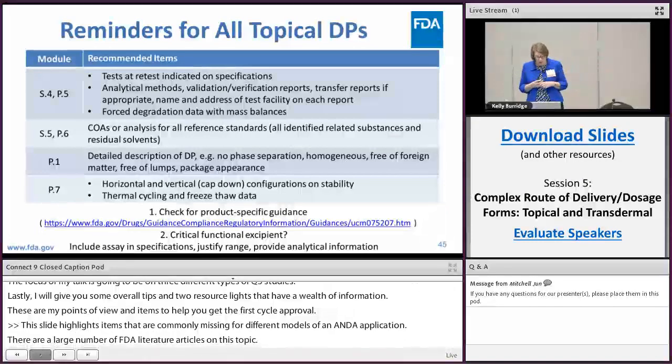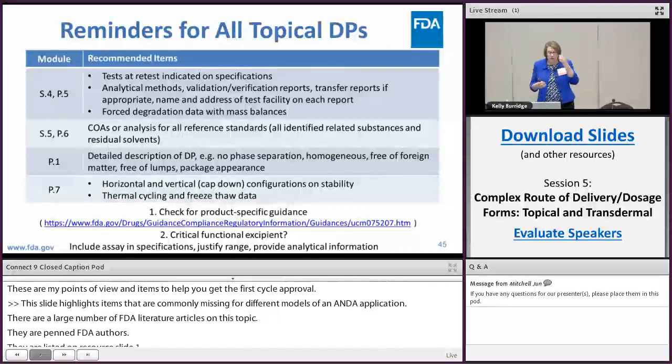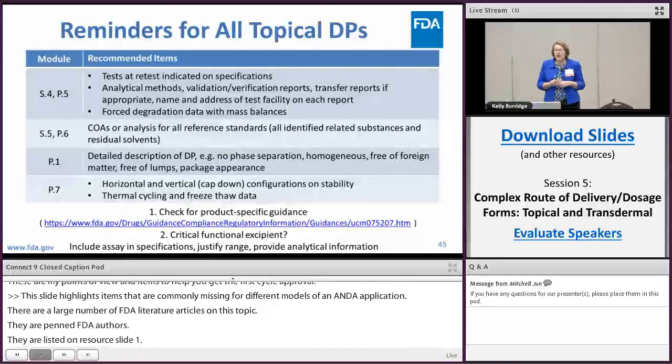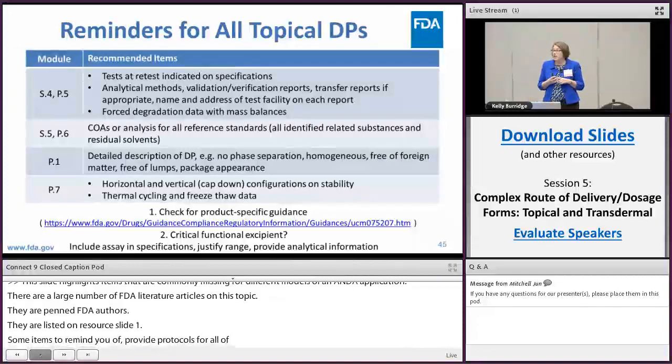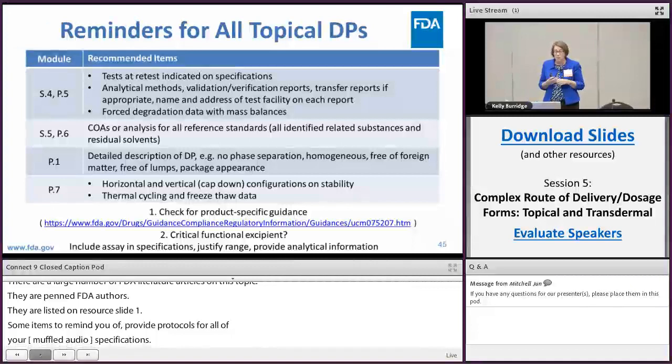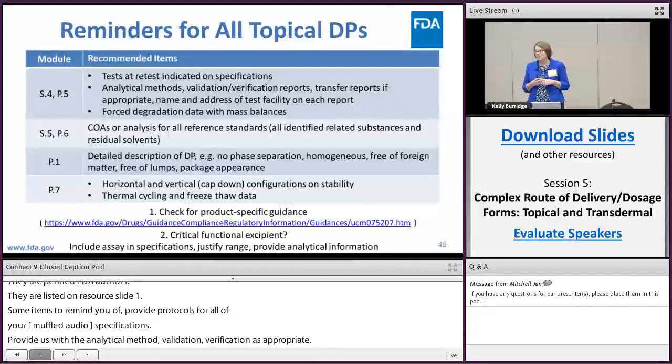Some items just to remind you: provide analytical method protocols for all of the tests in your drug substance and your drug product specifications. Provide us with the analytical method validation or verification information as appropriate. Include transfer reports if the facility that's going to be performing the routine testing is not the same as the lab that developed the method.